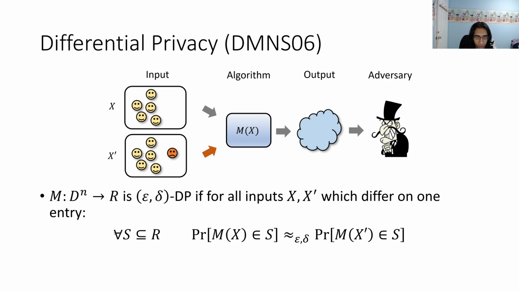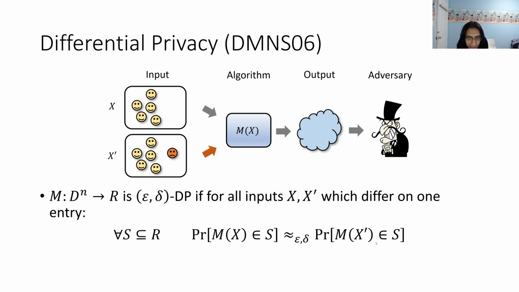What does it say? It says for all subsets of the range, so for all outcomes, all events really, the probability that the algorithm run on dataset X falls in the set is comparable to the probability that the algorithm run on X prime falls into the set.